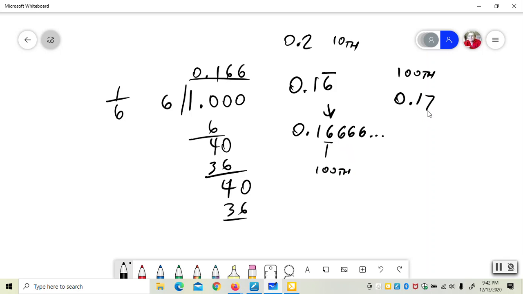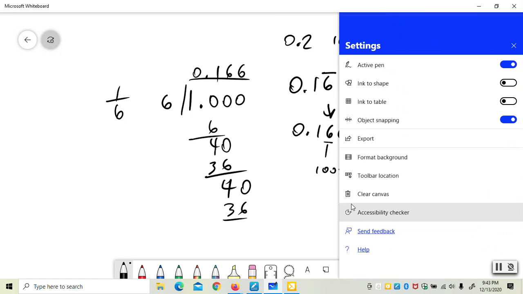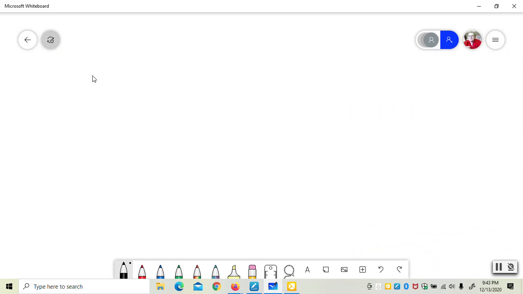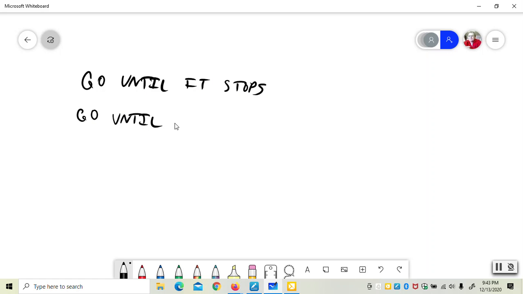So basically what happens in all of these is you go until it stops, or you go until it repeats, and use a bar over the repeating digit.